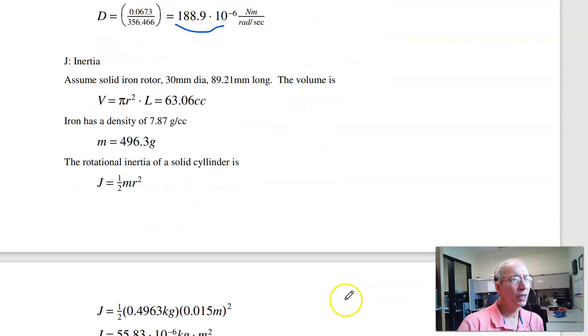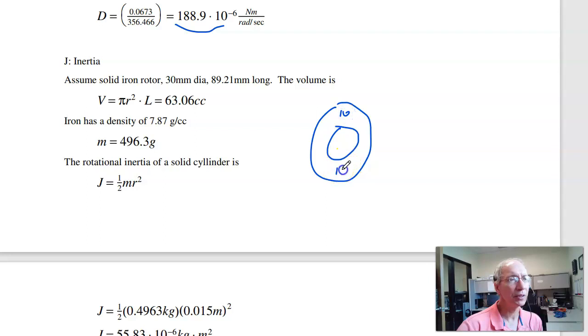Inertia. Again, this is not given, so you've got to do some back of the envelope calculations, best wild-ass guess. I know the diameter of the motor is 50 millimeters. That's got the case. So let's assume the shaft, assume this is 10 millimeters. Let's assume the shaft is 30 millimeters, solid iron, that's 89 millimeters long.